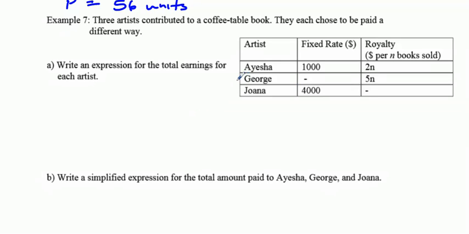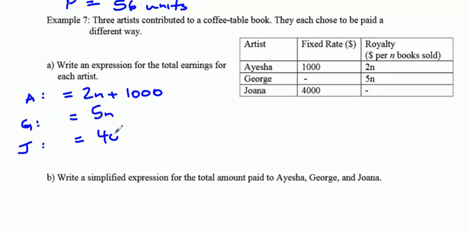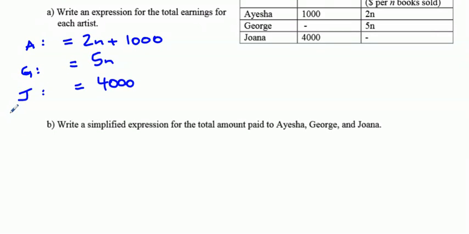So if we want to write an expression for the total earnings for each artist, well, for Aisha, the expression would be 2n plus 1,000, where n represents the total number of books sold. For George, it would be 5n, and for Joanna, the expression would be just 4,000. So write a simplified expression for the total amount paid to the 3 artists.